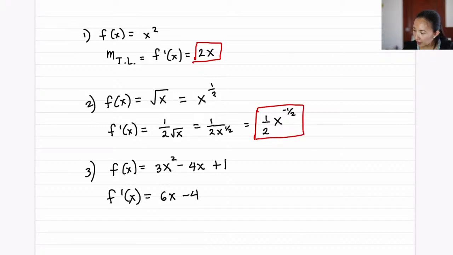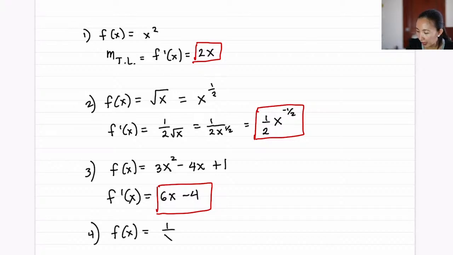Any observation? Look, even if we did not work on it, I could just add number 4, although you could verify mamaya. f of x is equal to 1 over x, then its f prime will be negative 1 over x squared. Ito ang kanyang derivative. I-check nyo mamaya.